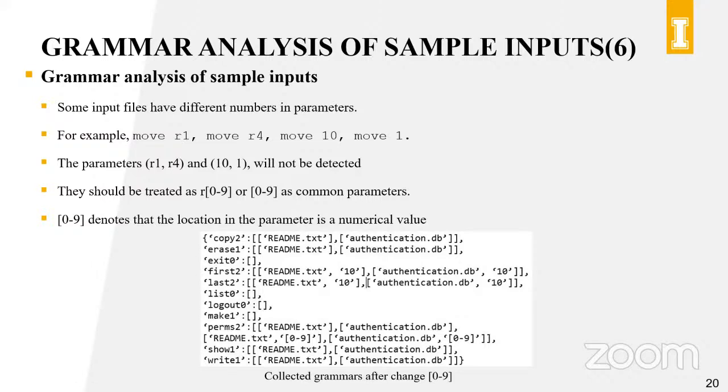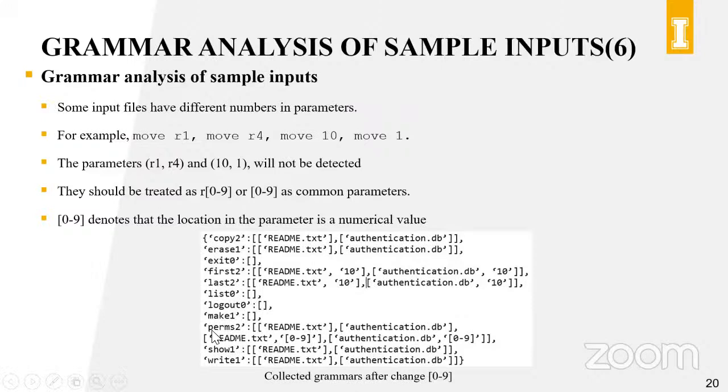So we change the parameters in the sample input that have a numerical value and change them to 09. That will help us find them and then count them. If that exceeds 10% of the counted number of the command, then we'll be able to extract them and include them in the grammars.